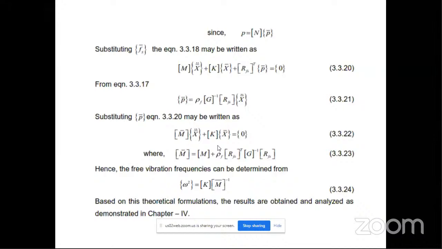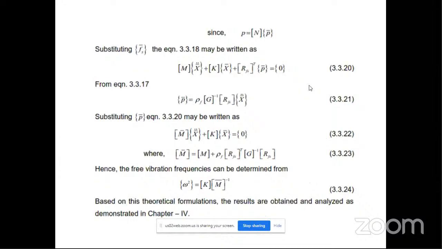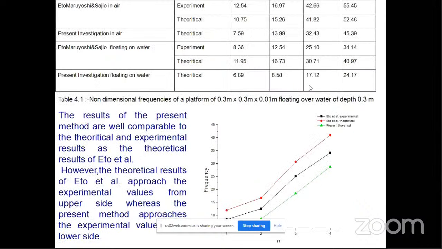Okay, so in that case, the final equation I will get is in this form. From this, I can find the free vibration frequency. Based on this, I will get the result. Okay, that is the plate. You see, this is the present investigation in air, and the present investigation floating on water.